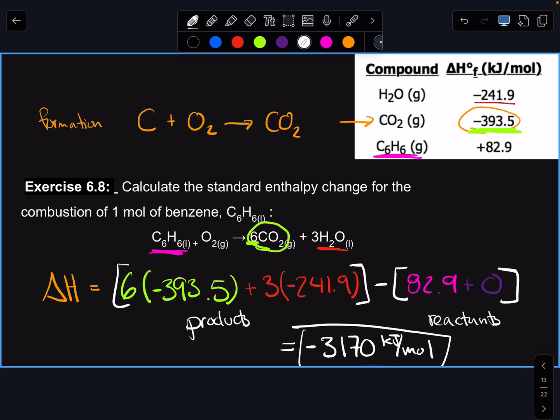Questions on my setup or process before I have you try one? Yeah, Stephen, then Will. So what does this find compared to what we did in the previous one? It finds the exact same thing. It's just a different way of finding it. Last time we found it using the bonds of the individual pieces. This one we're using the values of the whole thing. But actually, if you had both sets of data, you'd get the same answer.